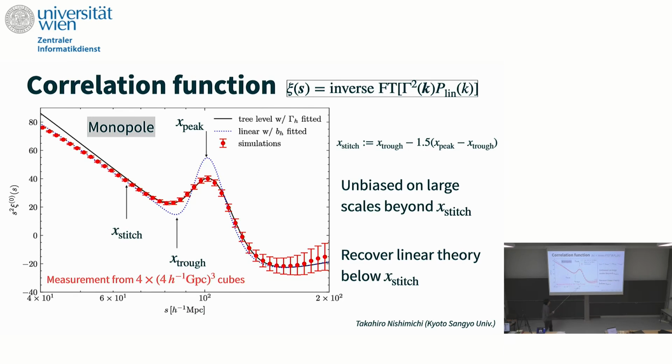Because I would like not to introduce any systematic bias, this is not guaranteed. This is just a model on large scales. But the thing is that this damping feature is very localized in configuration space, unlike in Fourier space. What we do is just stitch at the scale where this kind of feature no longer exists.